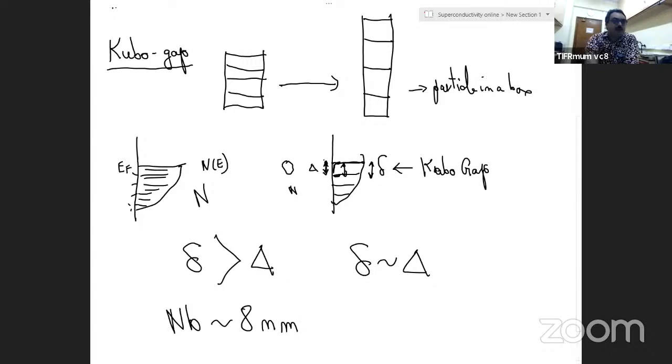Let me show you some data, to show you that this Kubo gap concept really works. Give me a minute.